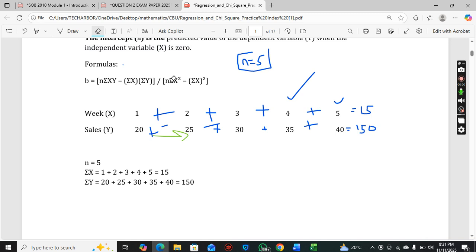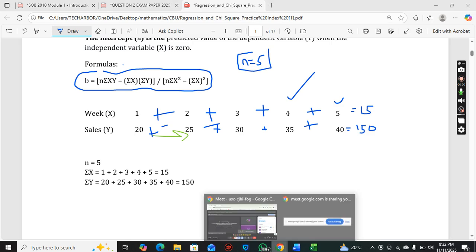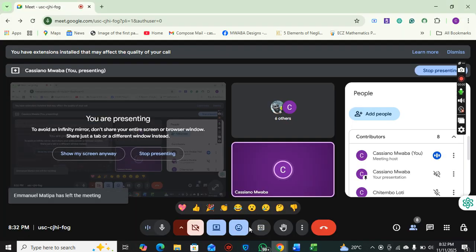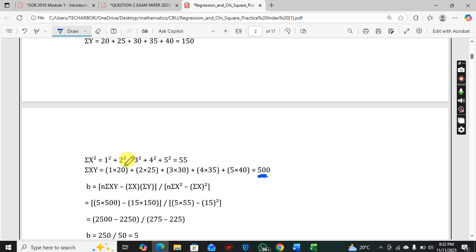So, the key here is, once you can read what this formula is saying, then you are in safe hands. With statistics, that's the key. You just need to read what the formula is saying. Once you read it, you even know what to do in the question. Then this sigma x squared means these x values, we are squaring them and we add, as you can see here.